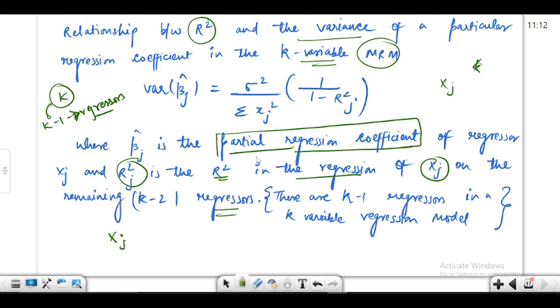So r square j is basically the r square of the regression of xj on the remaining k minus 2 regressors. That is how you can calculate the variance of the partial regression coefficient beta j in a k variable multiple regression model. So this is the use of r square, and why r square becomes important: it can be used to calculate the variance of my estimators, or the partial regression coefficients.